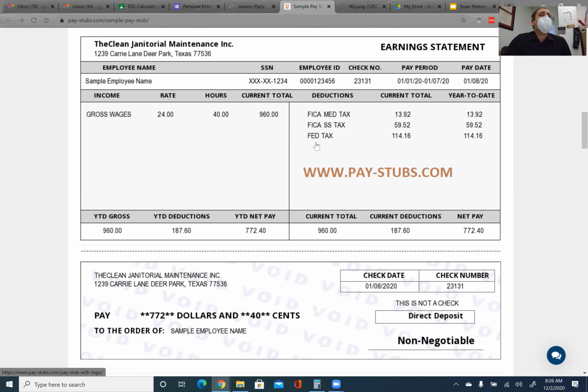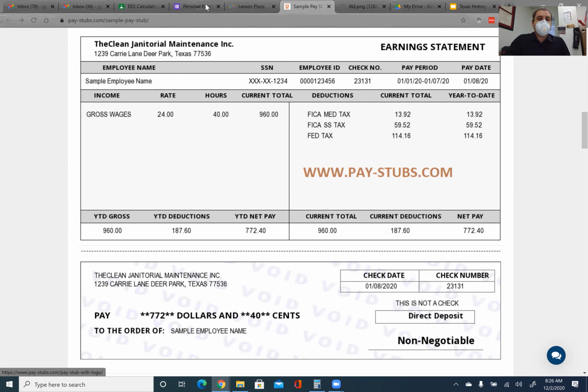Okay. And then this third category, what do you think it stands for? Federal income tax. This is called withholding. Okay. So every time you get paid and you get a pay stub, the government's going to go ahead and take some money out of your paycheck to go toward your total tax bill, right?